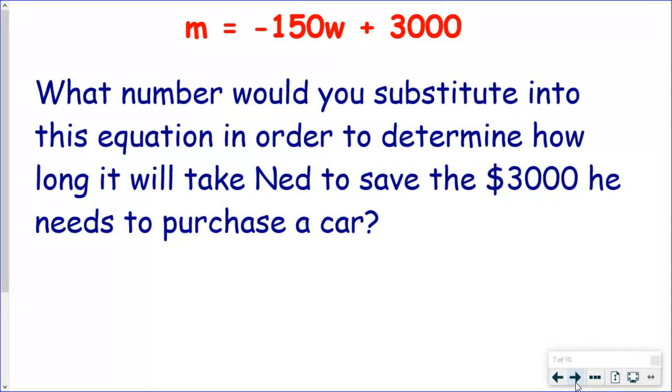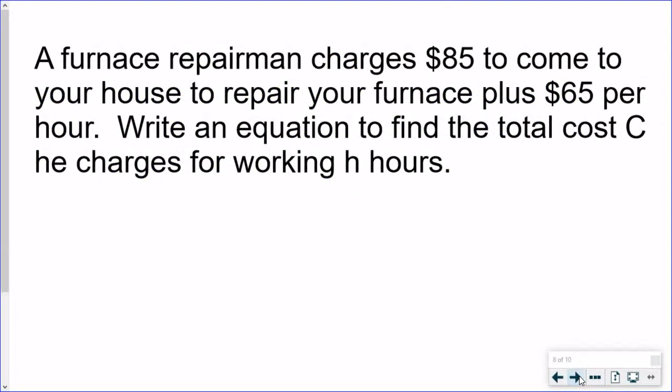So to determine how long it will take, how many weeks, you would need to substitute into M to find out how many weeks. That's basically what it's saying. So if you're trying to find the time, you can't substitute, you're solving for W. If you're finding the amount of money, you're substituting into W and finding M. Kind of tricky.